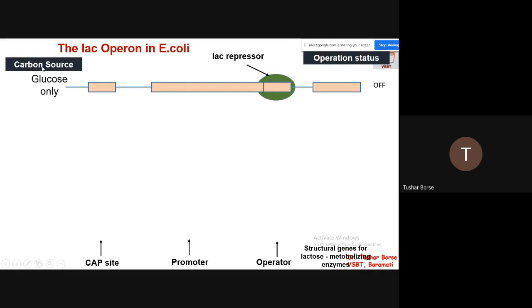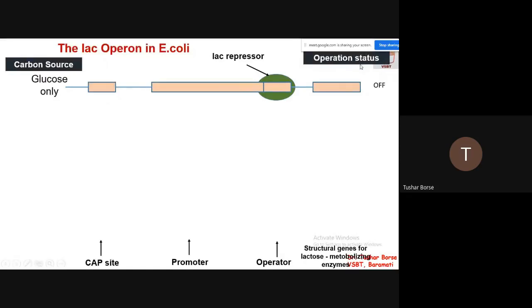If you vary this carbon source, there will be a variation in the operational status of that organism. This is the comparison I wanted to show you: as I just told you, the carbon source is going to affect the operational status of that particular organism.